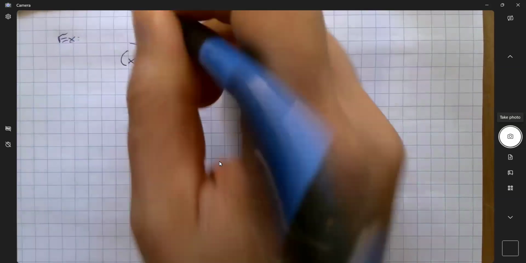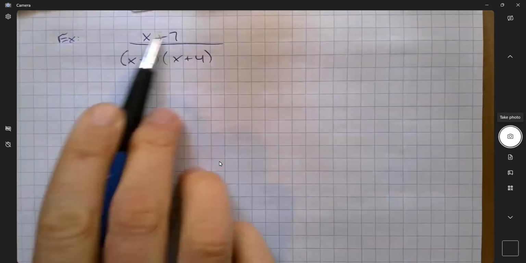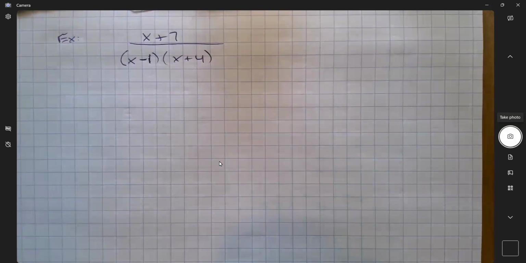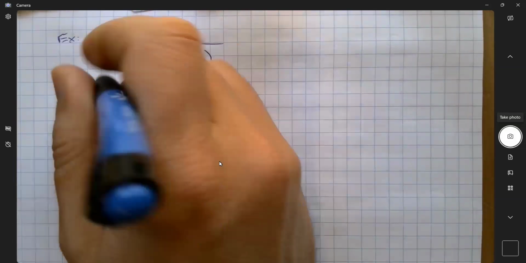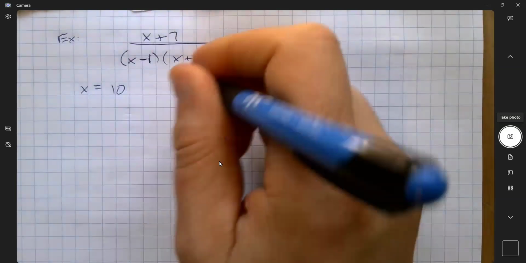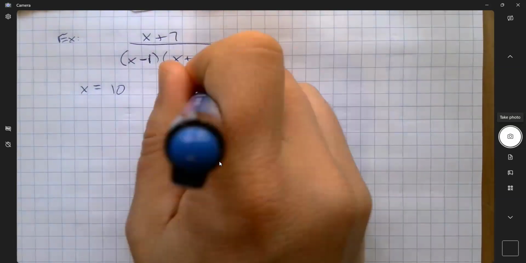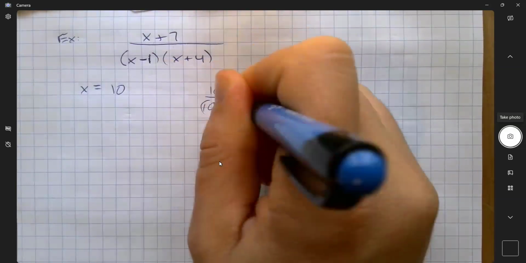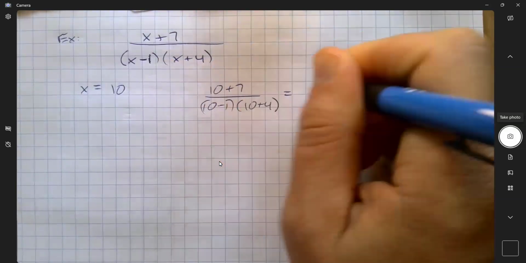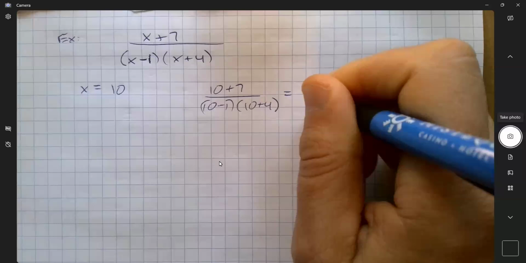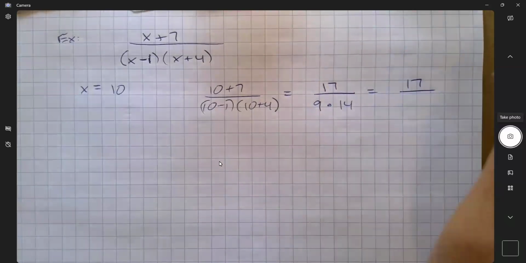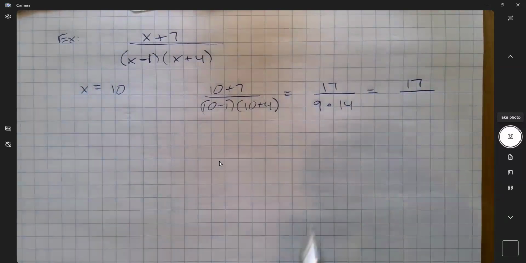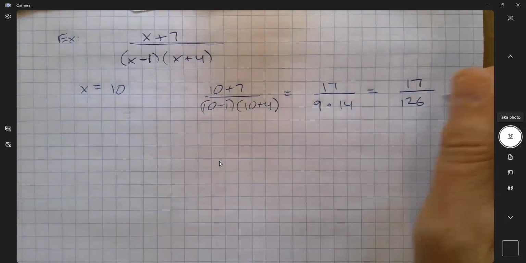That's a rational expression because there's a fraction and it happens to have variables. And let's test some different x values. Let's try x equals 10 again. That's 10 plus 7 over 10 minus 1 times 10 plus 4, which is 17 over 9 times 14, which if I want to work it all out, is 17 over 126.